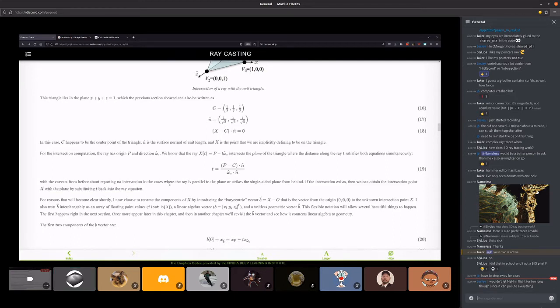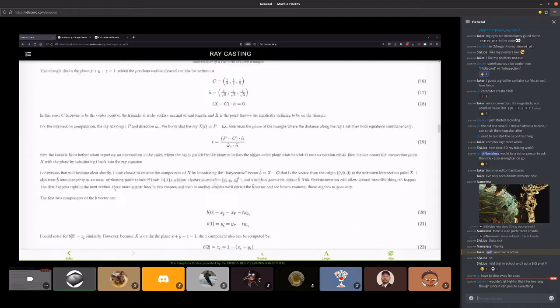Okay. So if the intersection exists, we take the t that was computed and then feed it back into our p plus t omega to get the point that is the intersection point.